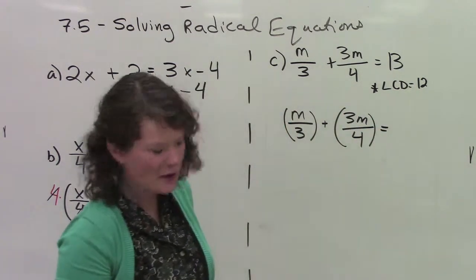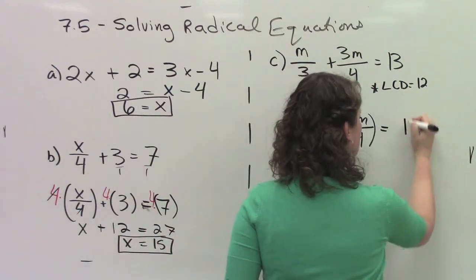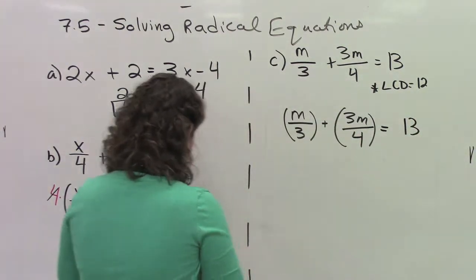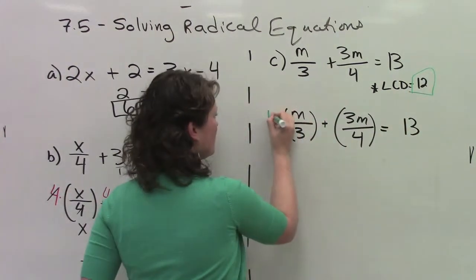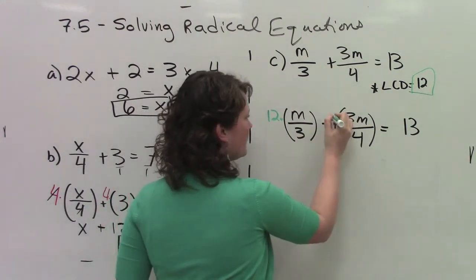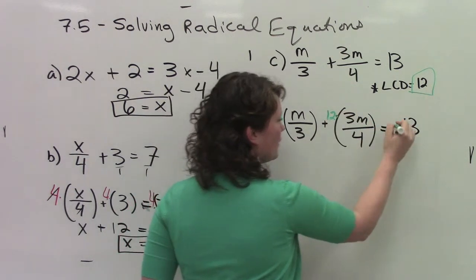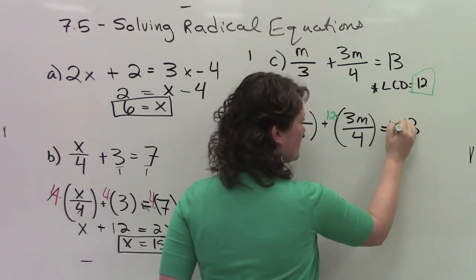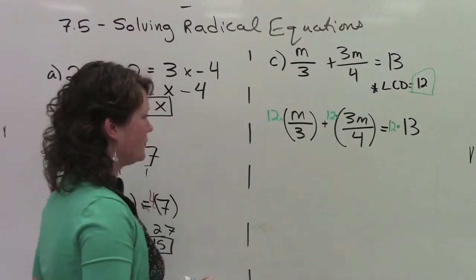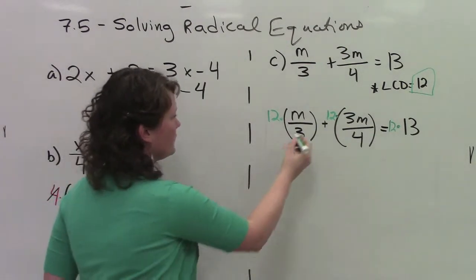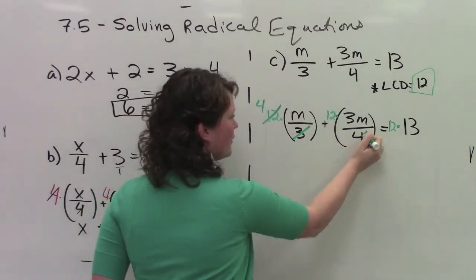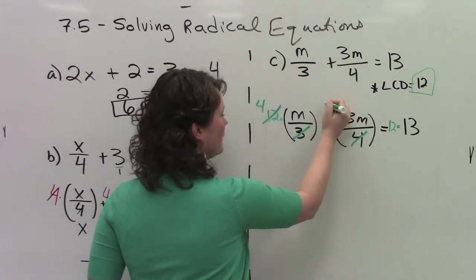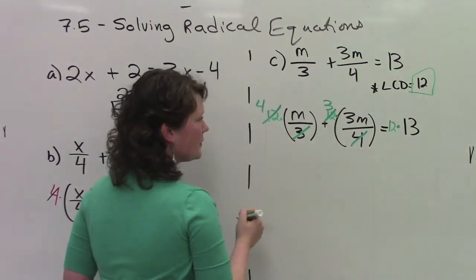Let me just double check. Yeah, that is 13. And what I'm going to do is multiply by the lowest common denominator. So times it by 12, times it by 12, and times it by 12. 3 goes into 12 4 times. 4 goes into 12 3 times.